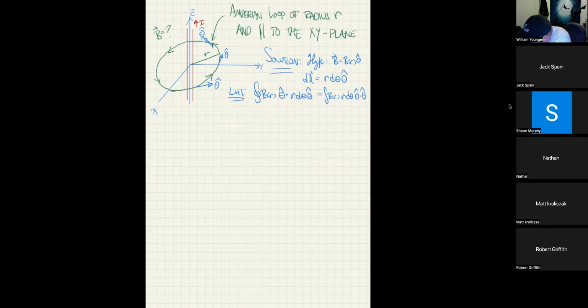And theta hat dot theta hat is not just a cute little owl. See how it looks like a cute little owl? Now it even looks more so. It's actually equal to 1 because the dot product is the magnitude of one times the magnitude of the other times the cosine of the angle between them. That means 1 times the cosine of 0, that's 1.